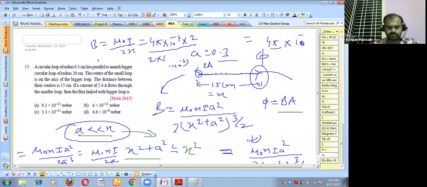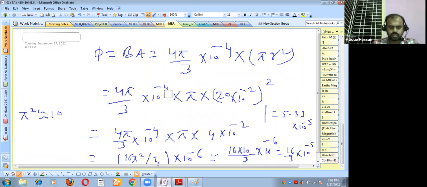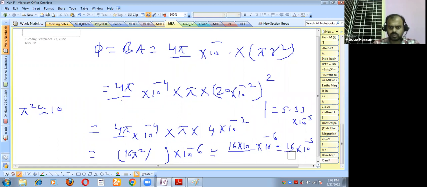So we will get it as 4 pi by 15 into 10 to the power minus 5.